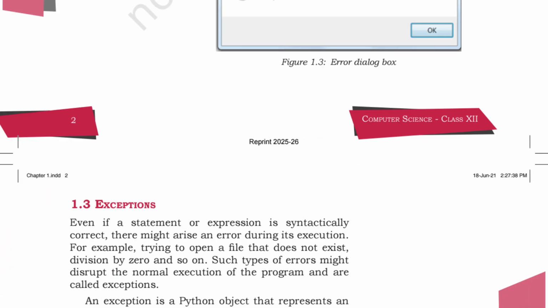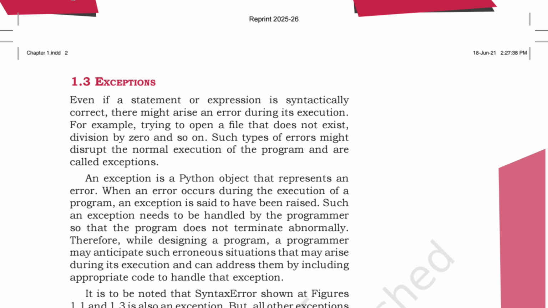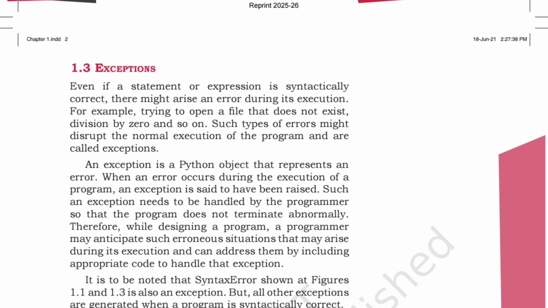Okay, so now we will talk about exceptions. What are exceptions? Even if a statement or expression is syntactically correct, there might arise an error during the execution, that we know. So we will see about the exception. Example, trying to open a file that does not exist, then division by 0 and so on.